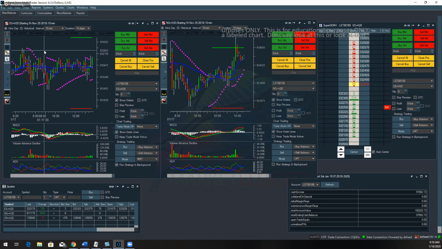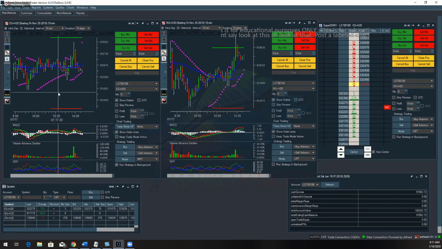The margin required depends on the broker, but with futures it is between $500 and $4,000, sometimes $6,000 per contract, depending on the broker that you use. So that's important to know, to be able to have enough margin to trade these markets.